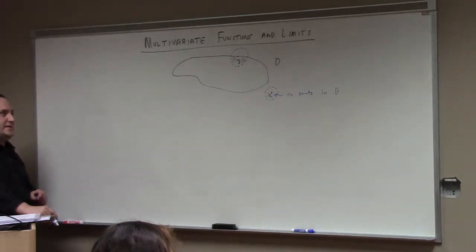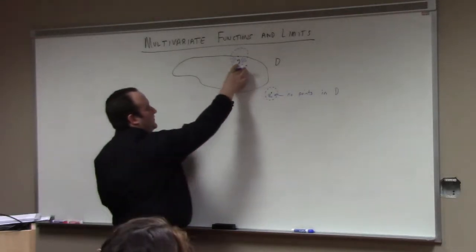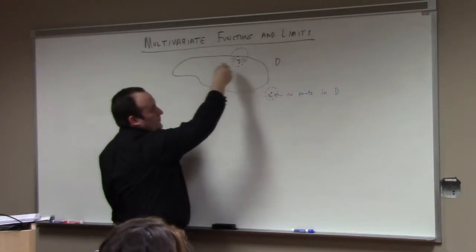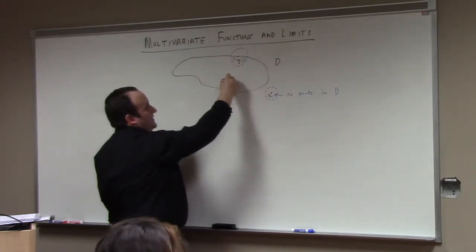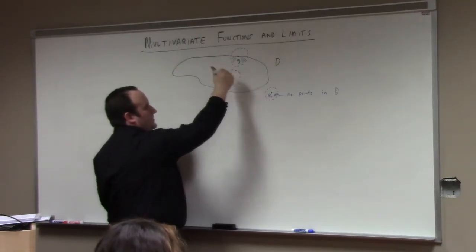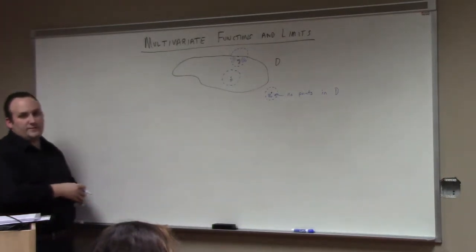But really, the kind of limits we're most interested in happen at these more interesting limit points, where either the point is on the edge of the shape we're considering, or it's perhaps inside. If it's inside, then as long as you don't take too big a ball, all the points in that neighborhood of your given point P are inside the set you're considering. And that's what we mean by limit point.